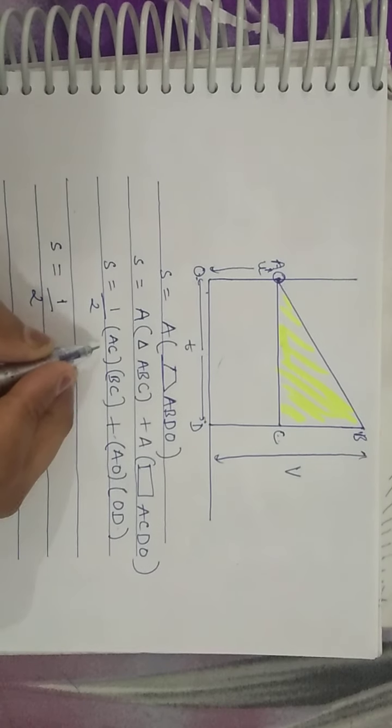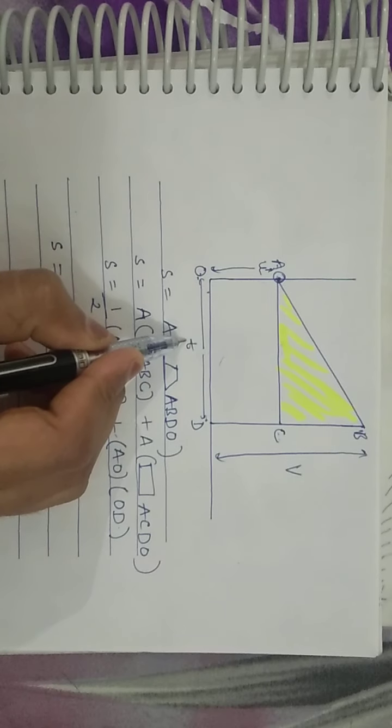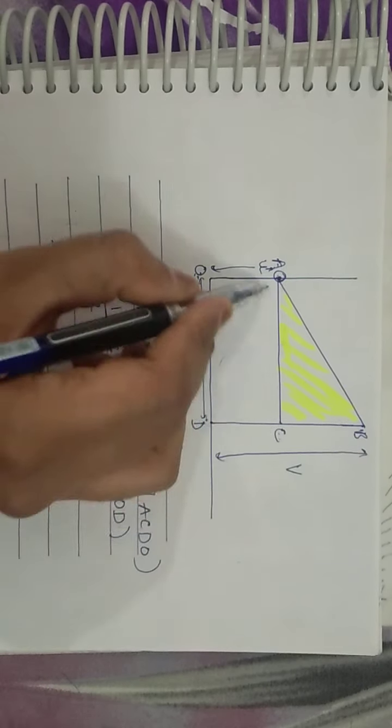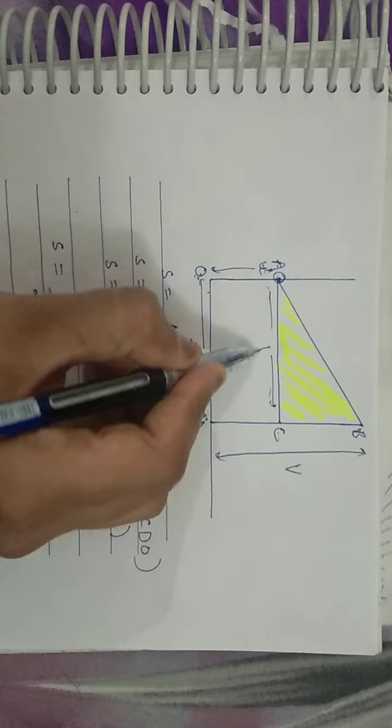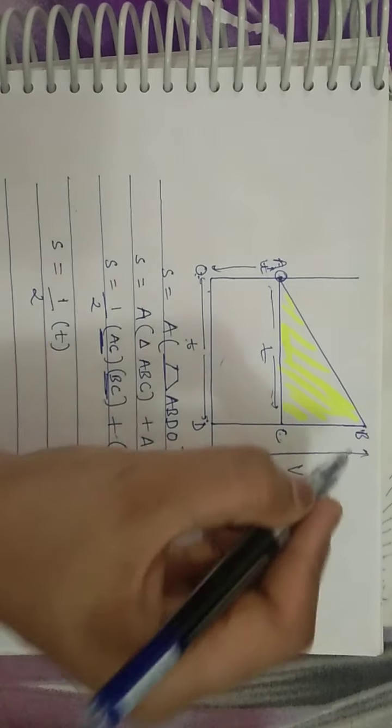By simply putting the values now, it becomes S is equal to half. AC, can we write AC as T? Because OD is also T, they are both the same, we can write it as T. BC, what is BC here?